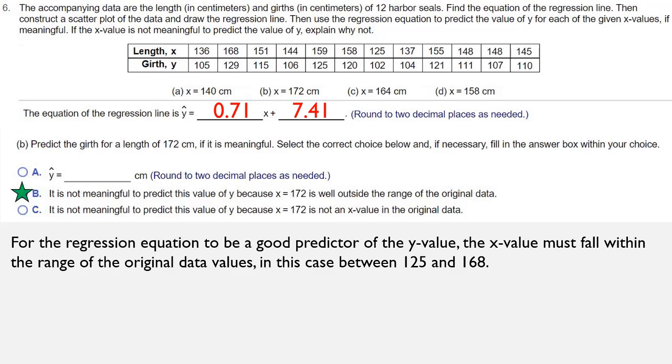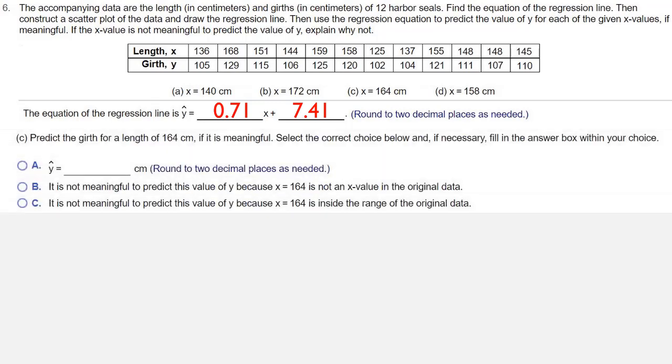For part C, predict the girth for a length of 164 centimeters if it is meaningful. Select the correct choice below, and if necessary, fill in the answer box within your choice. 164 does fall between 125 and 168, so we'll go ahead and plug in that value to our y hat equation.